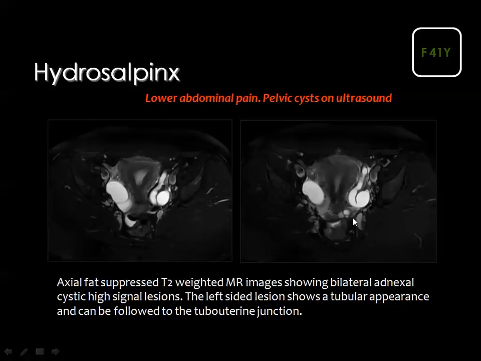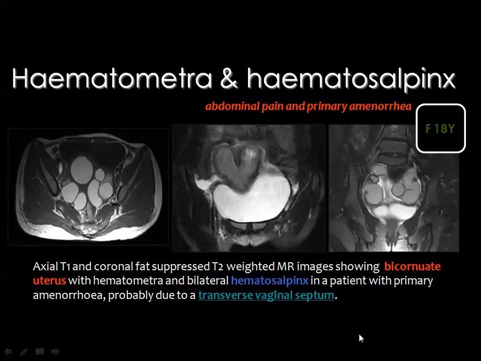Of course, you need some other sections to be sure that this belongs to the fallopian tube, not to the ovary. And if you see this tubular-like structure, you know that you are dealing with the fallopian tube, not the ovary.